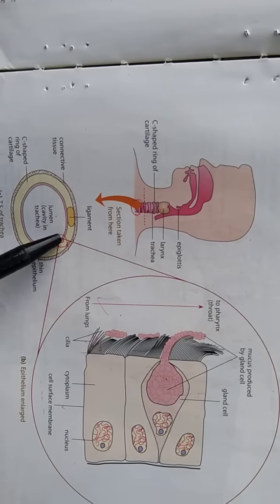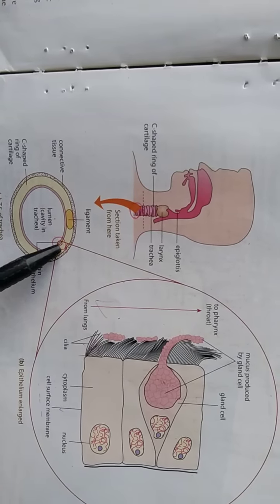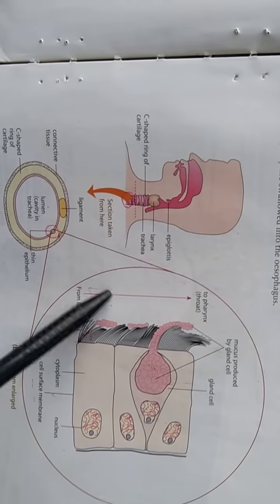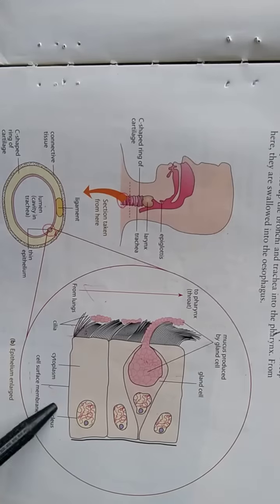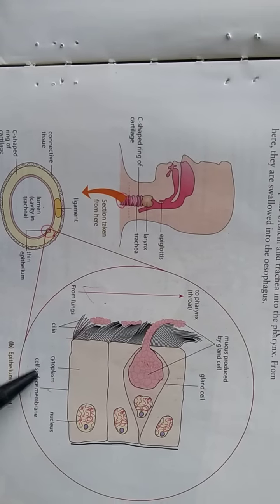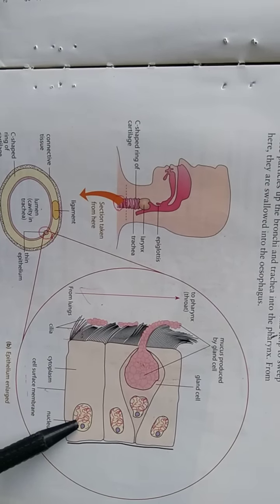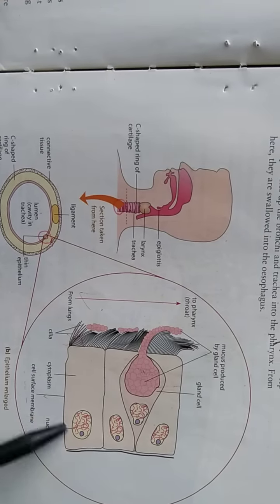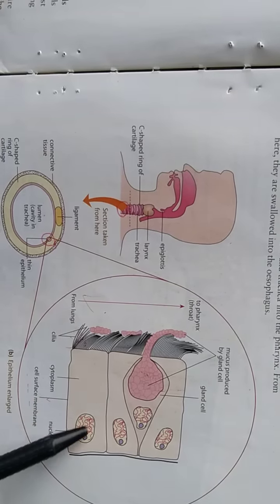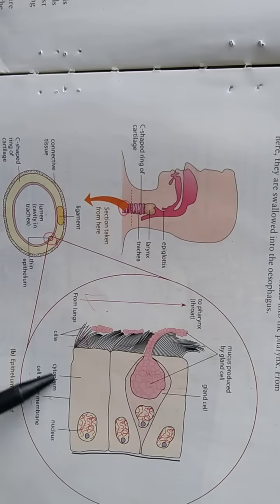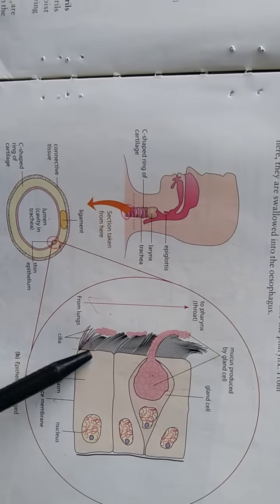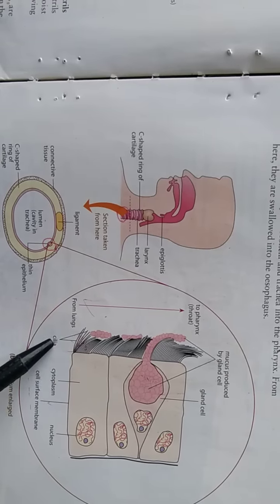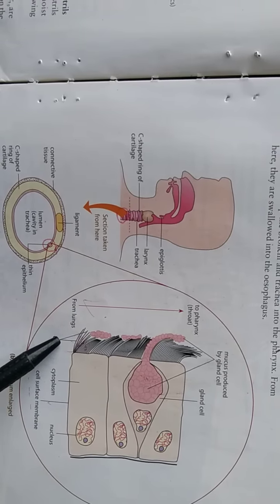These structures are sections taken from here under the electron microscope. Try to understand the whole structure of the epithelium. Here are present the nucleus and the cell surface membrane, and the fluid-like yellow structure is called cytoplasm, and thread-like structures present are called cilia.